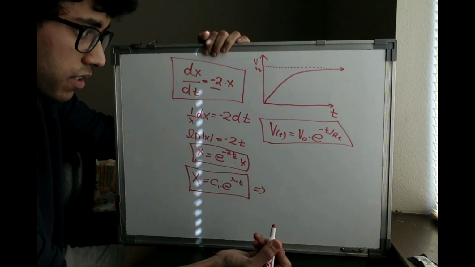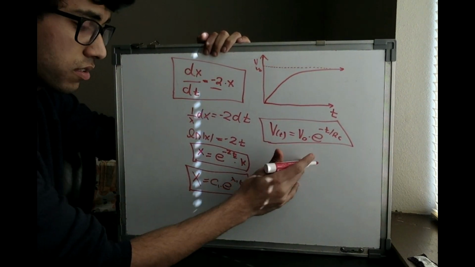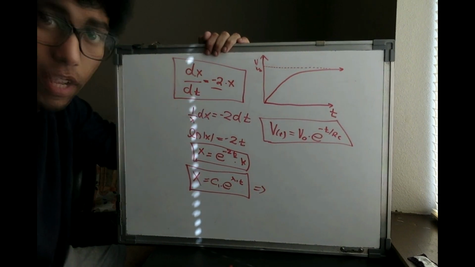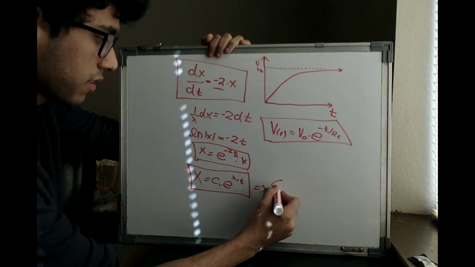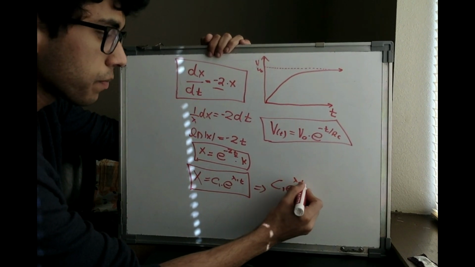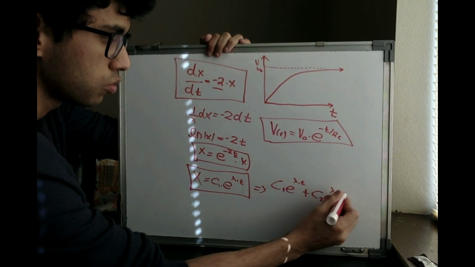A more profound way is if I try to include inductors in this context, or RLC circuits, I will get a second order equation. So if I bring in a second order equation, I can get C1 e to the power lambda 1 t plus C2 e to the power lambda 2 t.